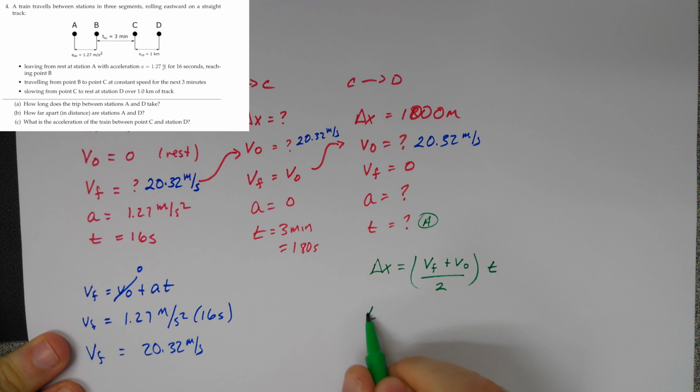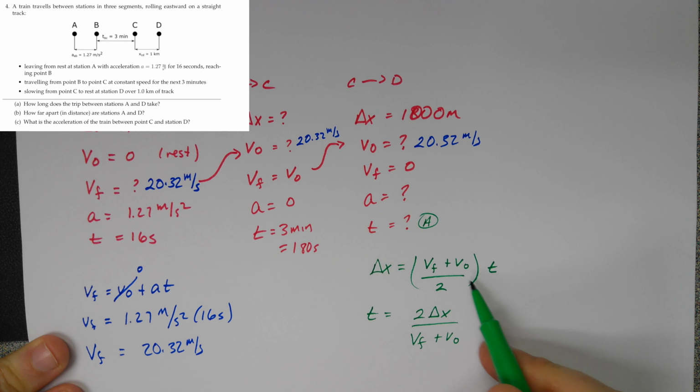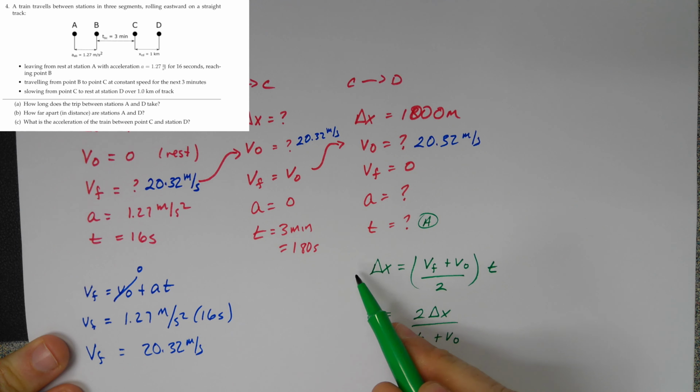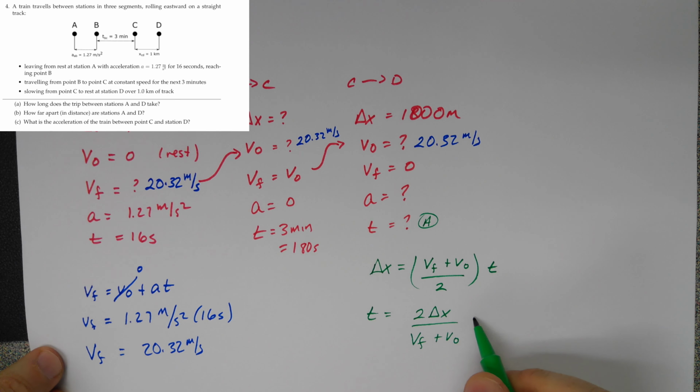So the time, multiply both sides by 2, divide both sides by the parentheses, we'll get 2 delta x over v final plus v initial. We need to put in some numbers.